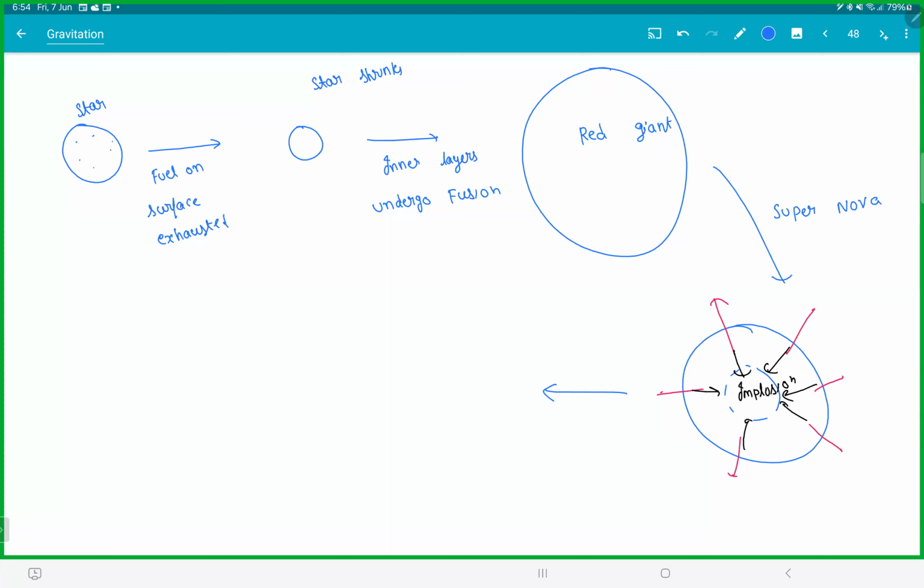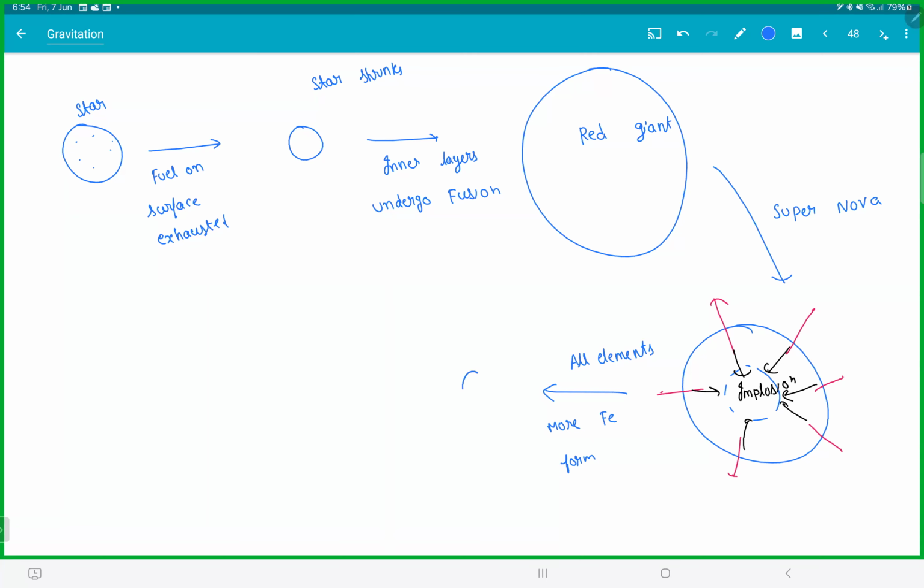Later on, we will see. Energy wise, it is not feasible. It is less stable. But during this implosion, all elements higher than iron are formed. We'll talk about that again in nuclear physics. That means every element that you think about, gold, everything is actually made during a supernova explosion.